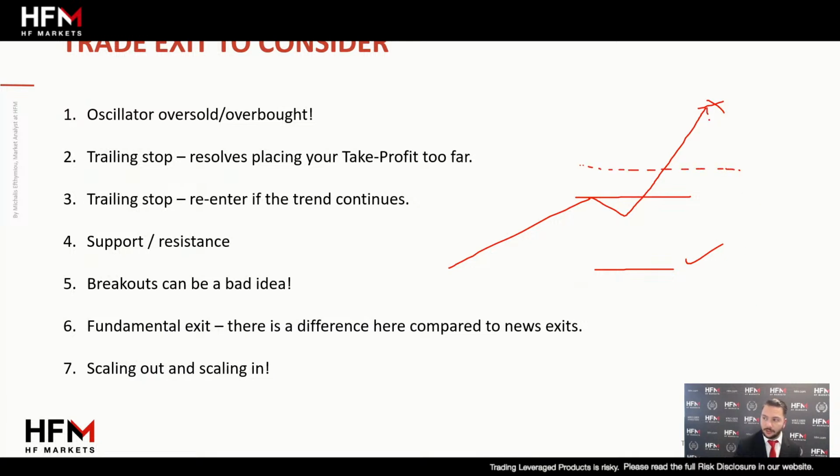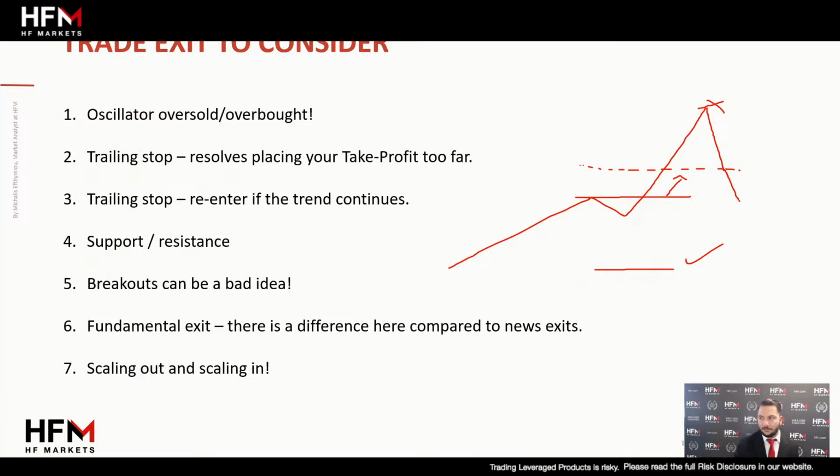So if the market starts to decline, it will close here. So it closes above where you entered. So it's actually not only protecting you against excessive losses, but it also protects a certain percentage of the profit that you have earned.